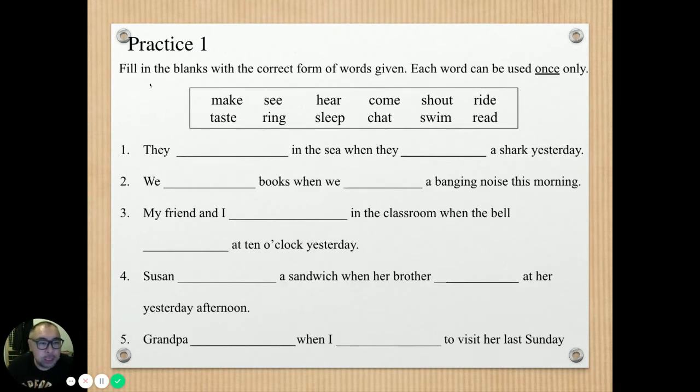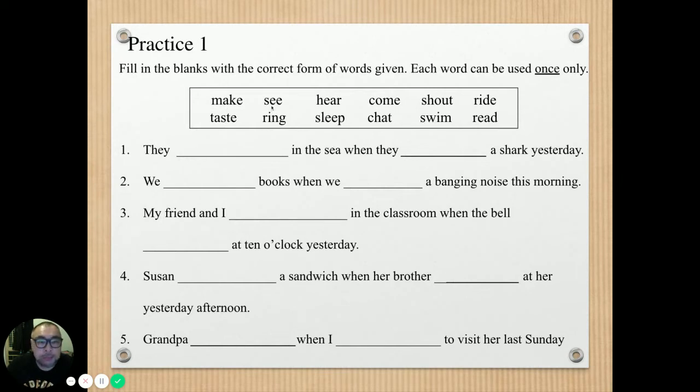Let's practice. Always read the instructions. Fill in the blanks with the correct form of words given. Each word can be used once only. Once means one time. Here we see the verbs. Can we read together?